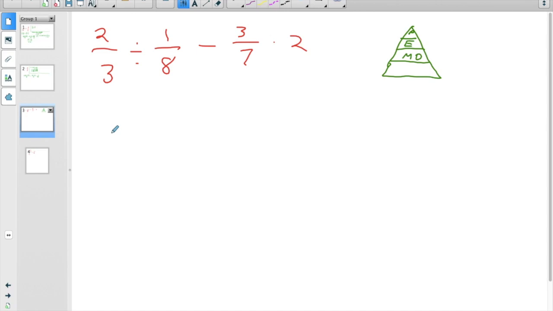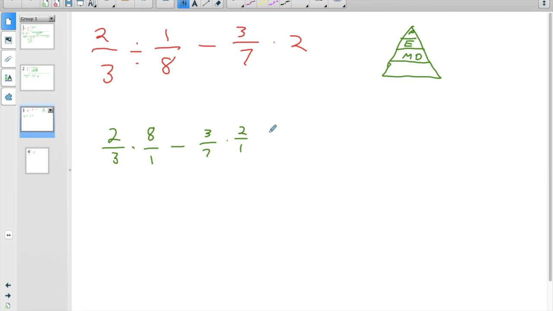So division of fractions, I change the operation to multiplication, and I take the reciprocal of the second number. And then we still have over here our multiplication, 3 over 7 times 2 over 1.